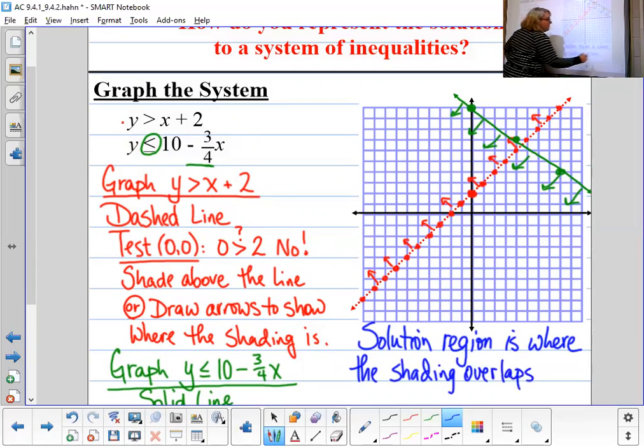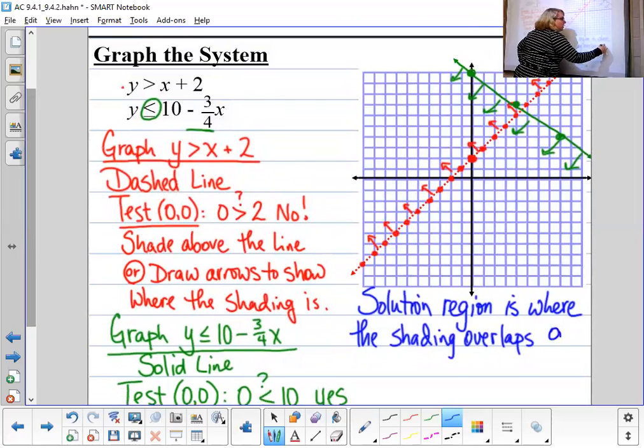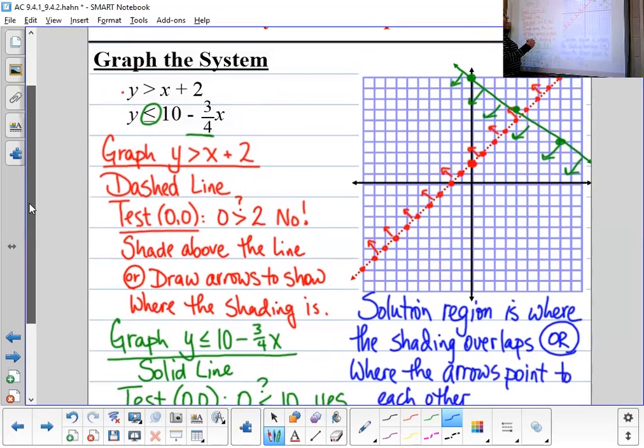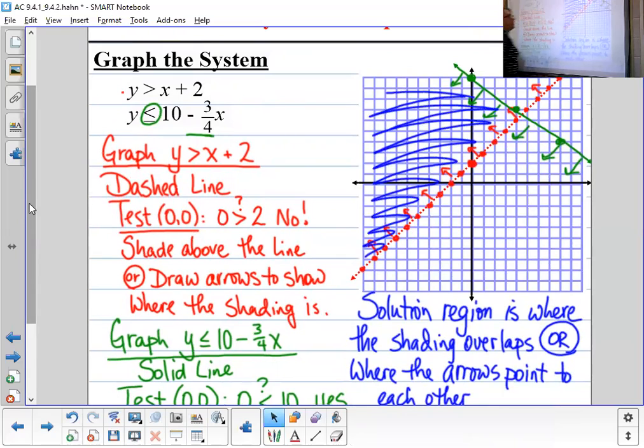And if you choose to do it by drawing arrows, it's where the arrows point at each other. So for this graph, the arrows point to each other up here. So I'm just going to shade in that. And then you are done.